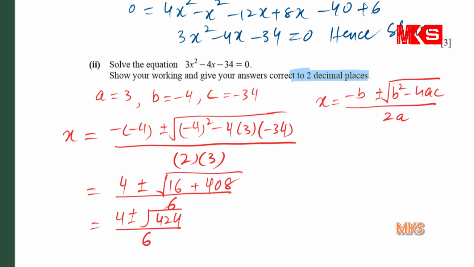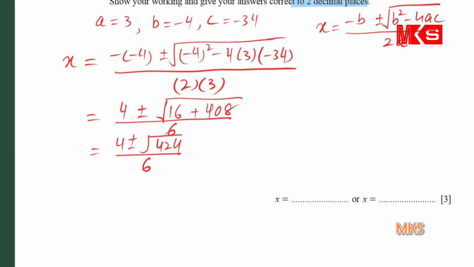over 6. Square root of 424 will be 20.59126. So we just take it. We have to give the answer correct to 2 decimal places.